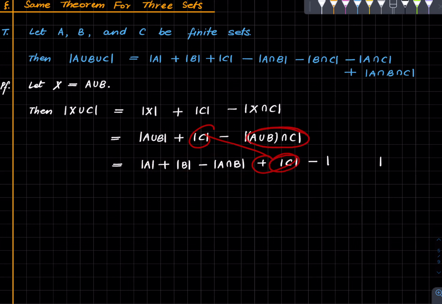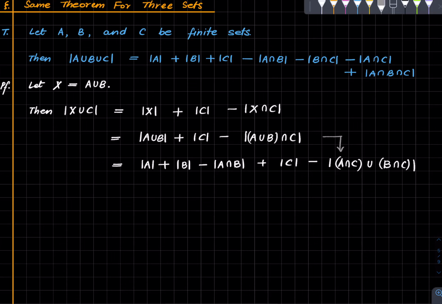And now for this, I did not mark the exercise as star, but what I'm going to use is that, I'll spell it out. Here I have used the fact that (A union B) intersection C is equal to (A intersection C) union (B intersection C).